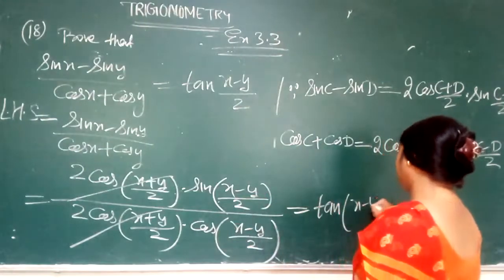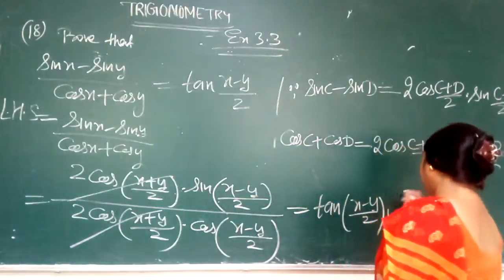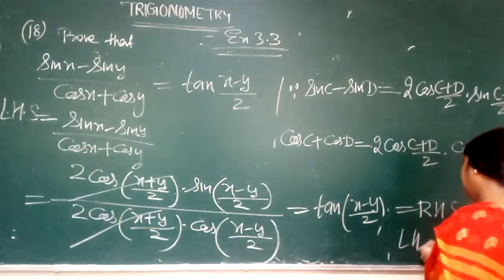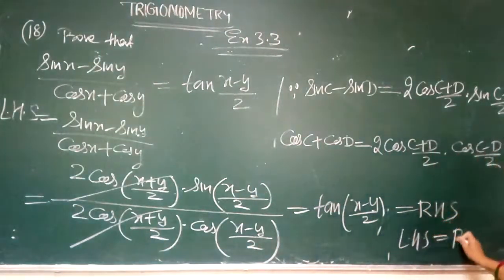That is (x minus y) by 2, and that is equal to the right hand side. So LHS is equal to RHS. Hence proved.